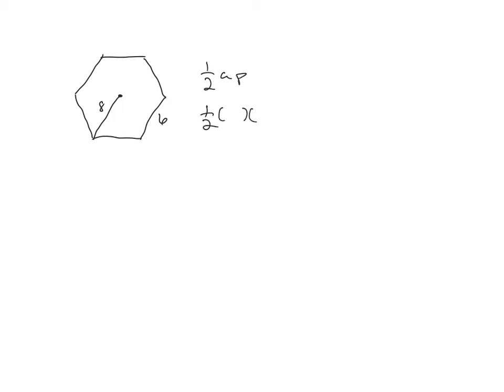I don't have the apothem, and the perimeter is 6 times 6, or 36. So I need the red length, which would be the apothem.